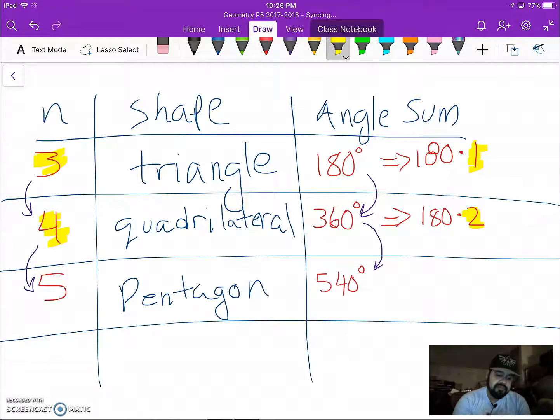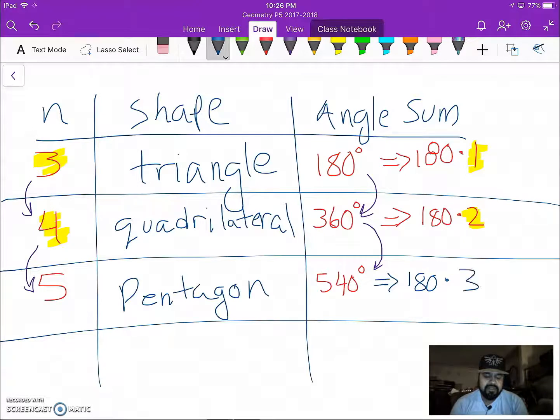Does this hold true for 540? The answer is yes. 540 is the same thing as 180 times 3. Well, 3 is the same as 5 minus 2.